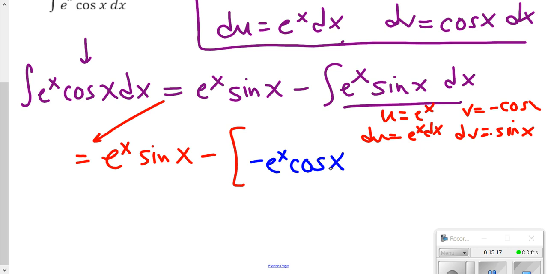Sorry for the bad handwriting there, I just noticed that. Okay, u times v minus the integral of v. Oh, so v has a negative, so minus a minus, and then v du. Okay, and then we'll close our brackets.